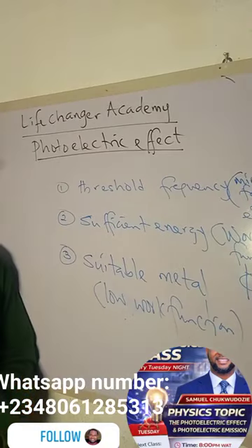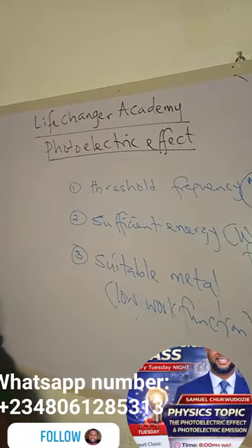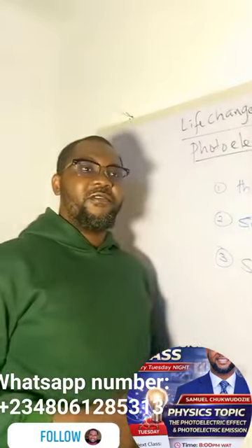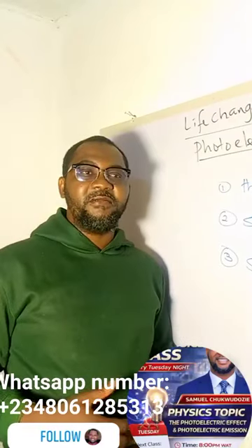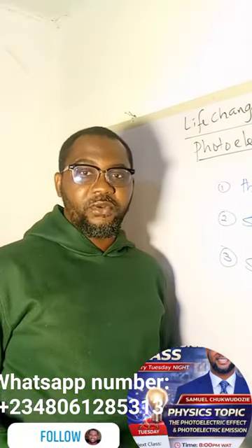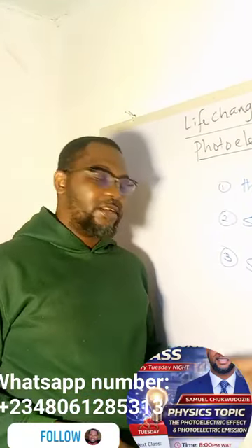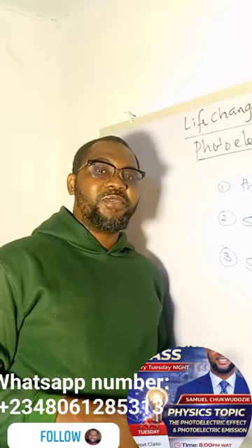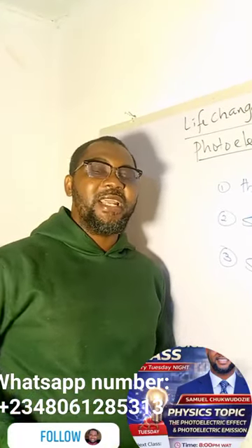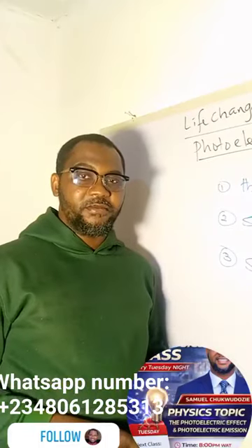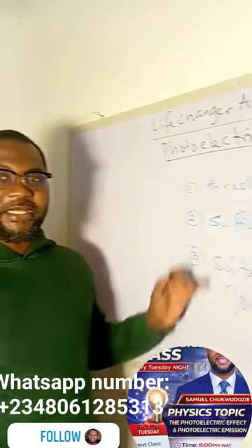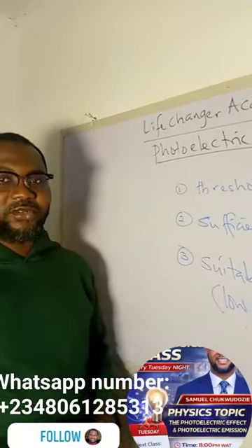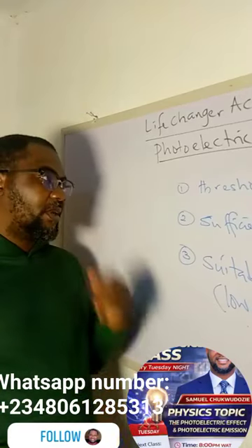Every metal has its work function. So for the photoelectric effect to be very useful and very effective, you must use a metal that has a very low work function. That means the metal must be such that when light falls on it, electrons are easily emitted. So these are the conditions for electrons to be emitted from the surface of a metal.